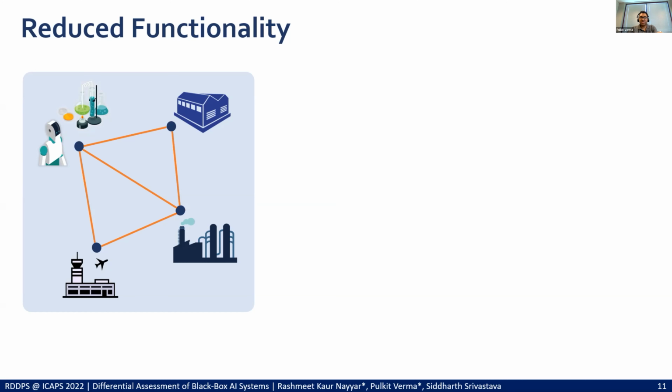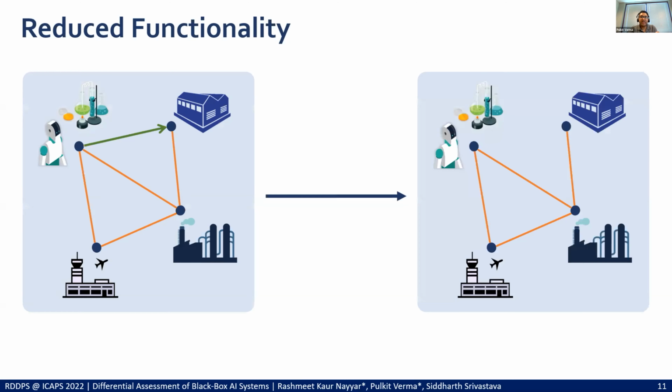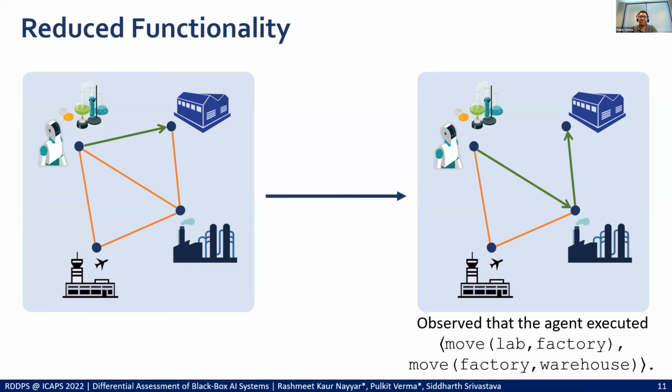So consider the opposite case of what we saw earlier. Assume that this robot has the functionality to move directly from the lab to the warehouse. Now, after the agent gets updated, it cannot move directly from the lab to the warehouse, and now it has to go via this factory.